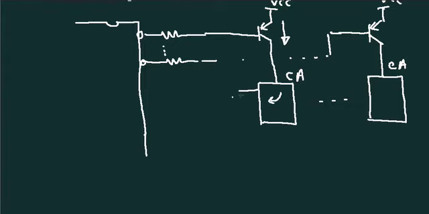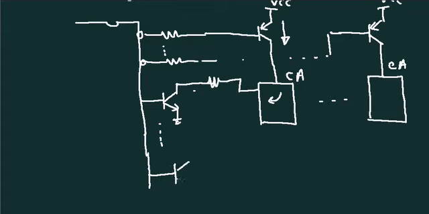So, what we have to do is we have to use transistors here also. So, let us take this active high line, we have to use an NPN transistor, and then a resistor here, this is 330 ohms, and similarly for all 8 lines we have to use 8 transistors. So, 8 transistors for 8 lines.